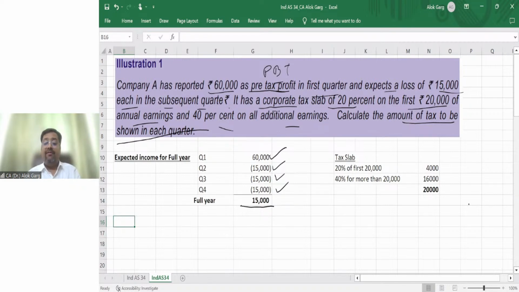Now, what is the weighted average annual income tax rate? How to calculate that? Friends, what is my expected income tax for the full year? Please tell me.